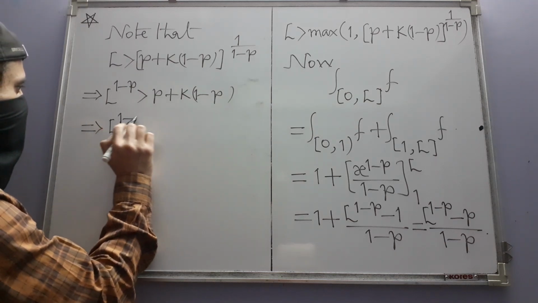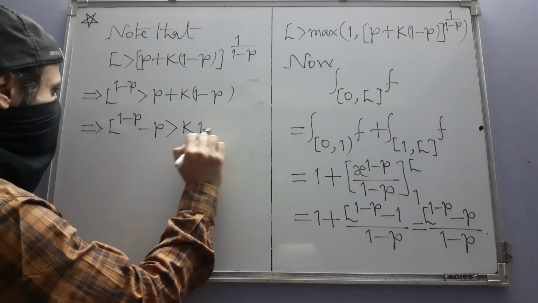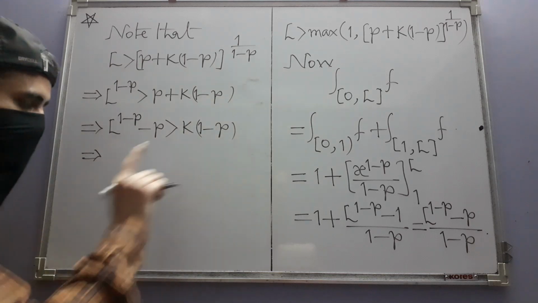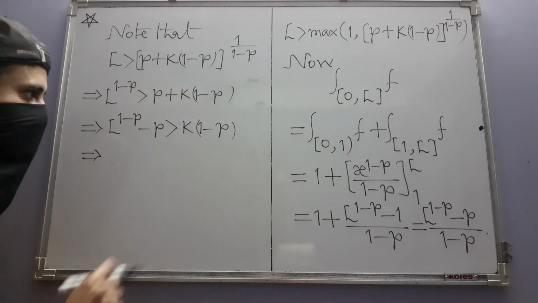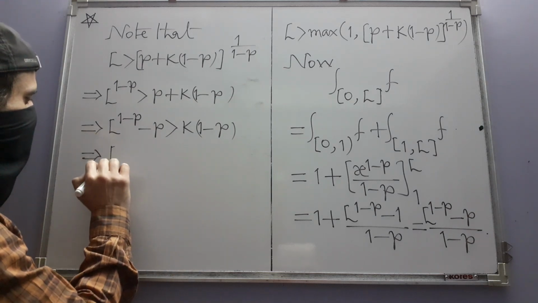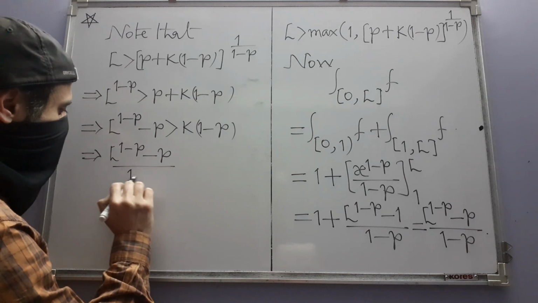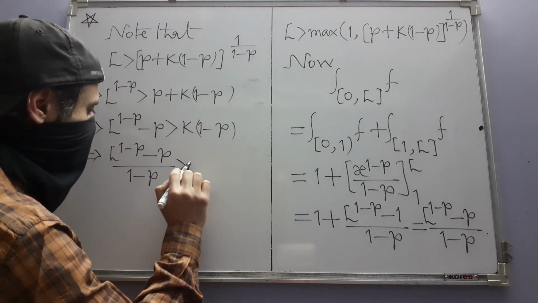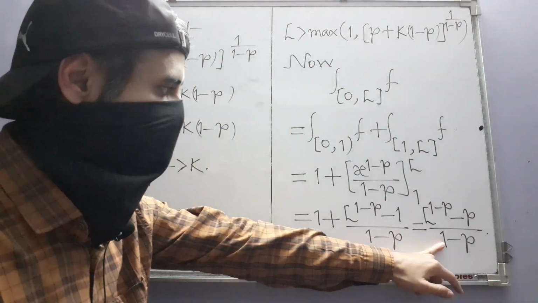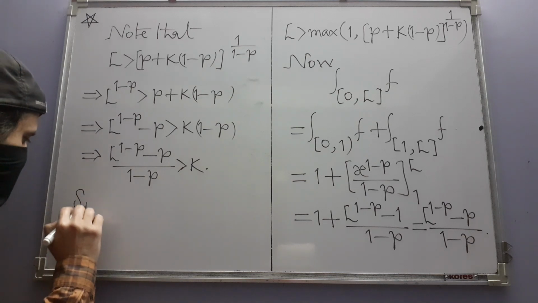And now it's very easy. Now you can perhaps see where we are going with this. Again, because 1 minus p is a positive real number, if I now divide both sides by 1 minus p, the inequality will not change direction. So this is equal to this, and this is greater than k.